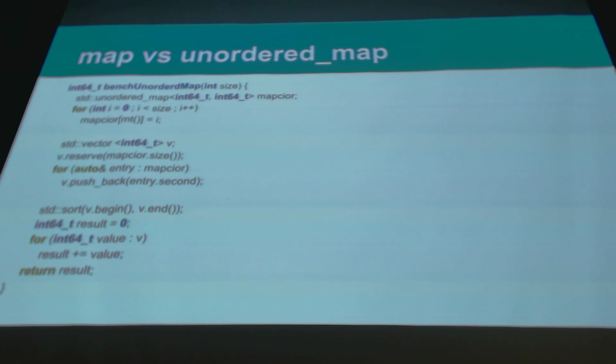Yeah, but I'm inserting random things, right? And the values are unique. It doesn't make any change, because what matters is the keys, right? And most of the time I'm inserting into the map or set in random order.